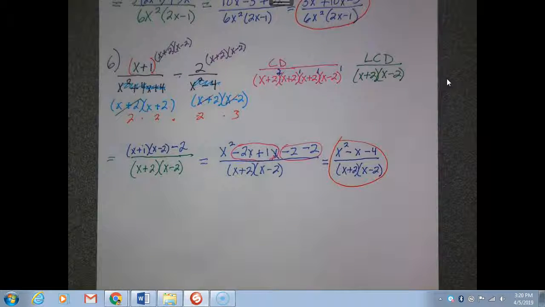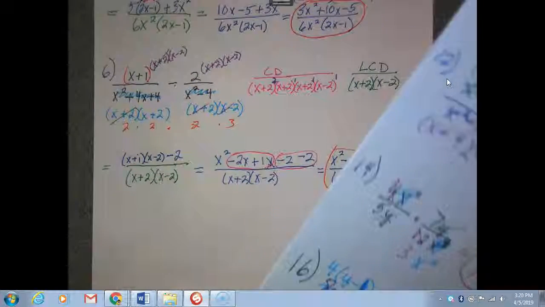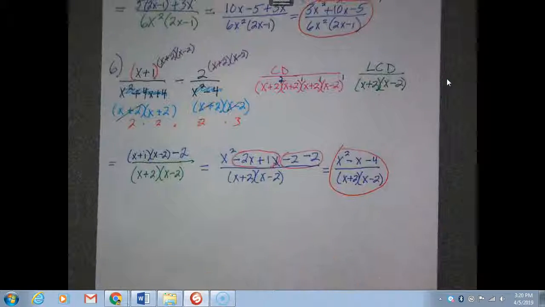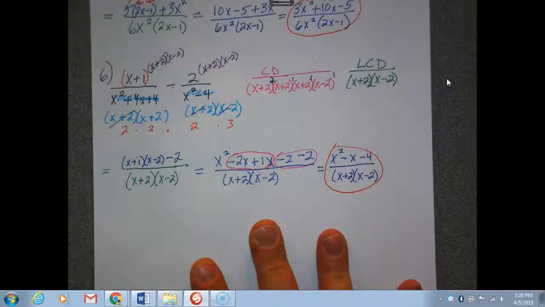Now, answer keys for your homework. Last night's homework. Here's your bookwork answer key. Any questions on this? By the way, like I said, I'm going to be a nice guy. I'm not going to give you any homework on adding and subtracting rational expressions.